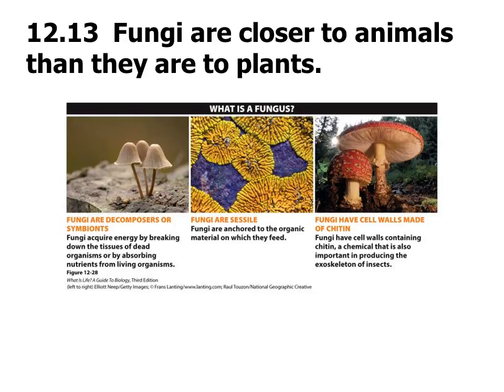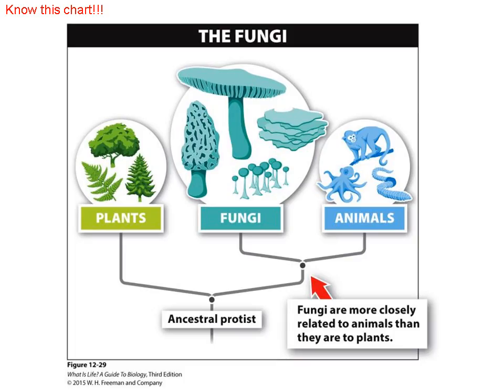They can't really move around like animals do. And then they have cell walls made of chitin. Fungi have cell walls containing chitin, which is a chemical that is important in producing the exoskeleton of insects. So when we talk about fungus being more closely related to animals than plants, that chitin is one reason for that. They kind of have their own sort of exoskeleton.